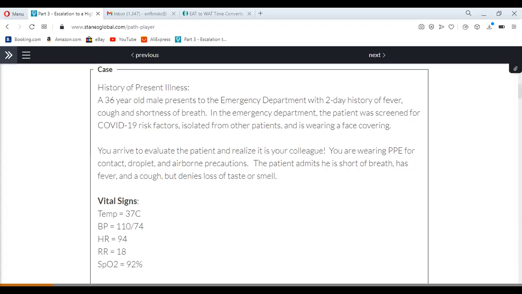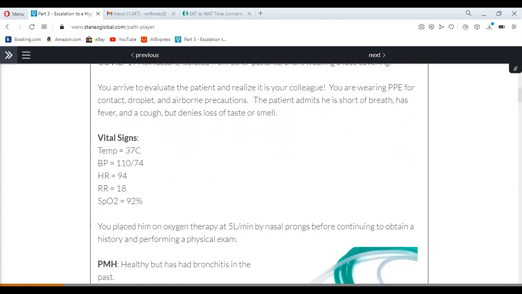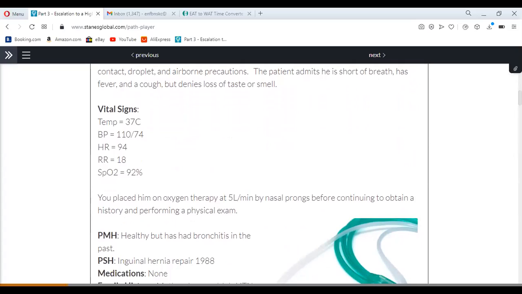And the vitals that we're taking read a temperature of 37 degrees Celsius, a blood pressure of 110 systolic, 74 millimeters of mercury diastolic, a heart rate of 94 per minute, respiratory rate was 18 per minute.